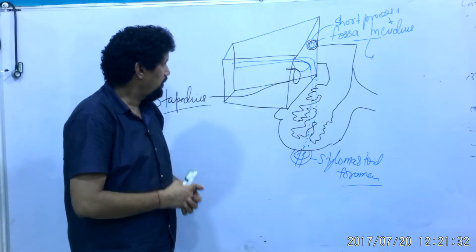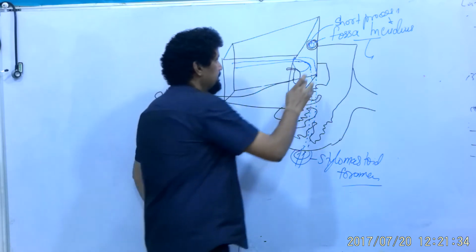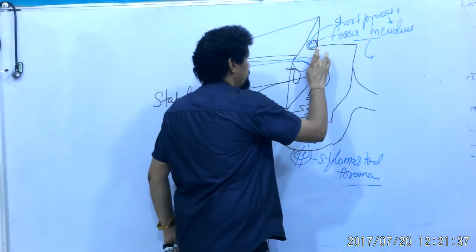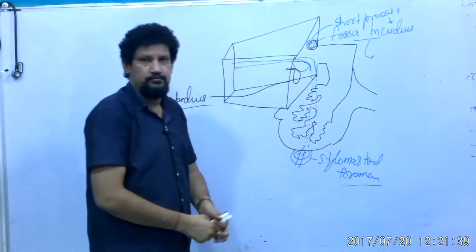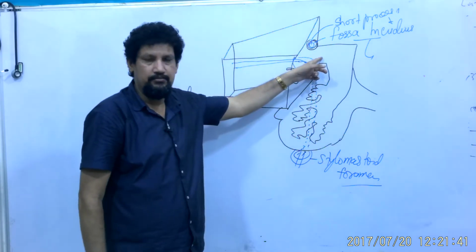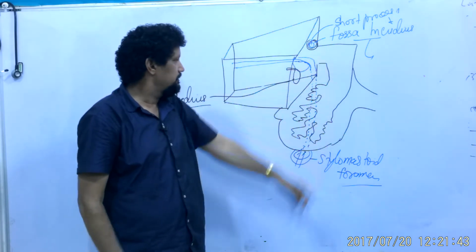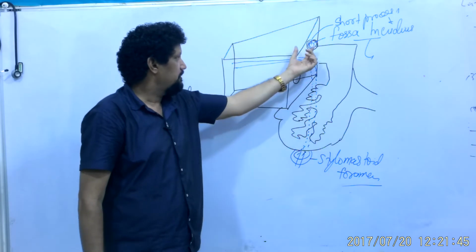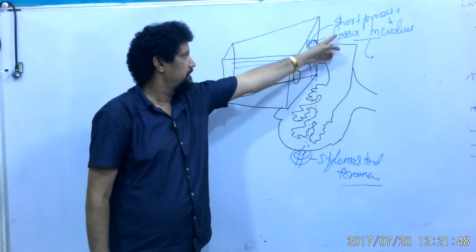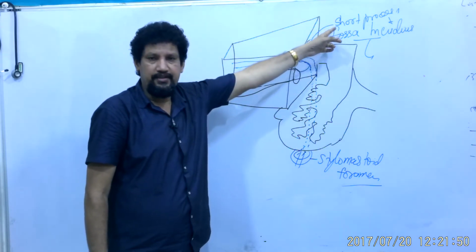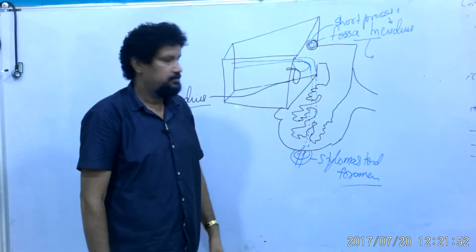So in the posterior wall we can see this aditus to the mastoid antrum. This is the mastoid antrum. This part is the fossa incudis, which accommodates the short process of the incus.